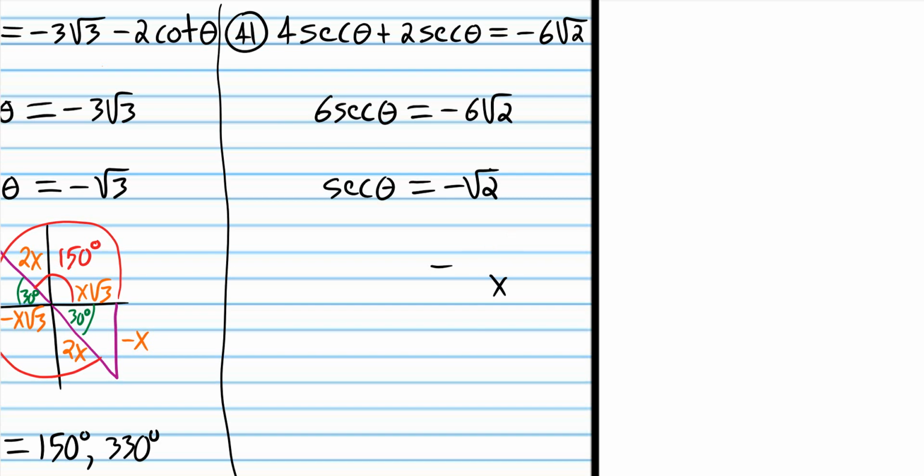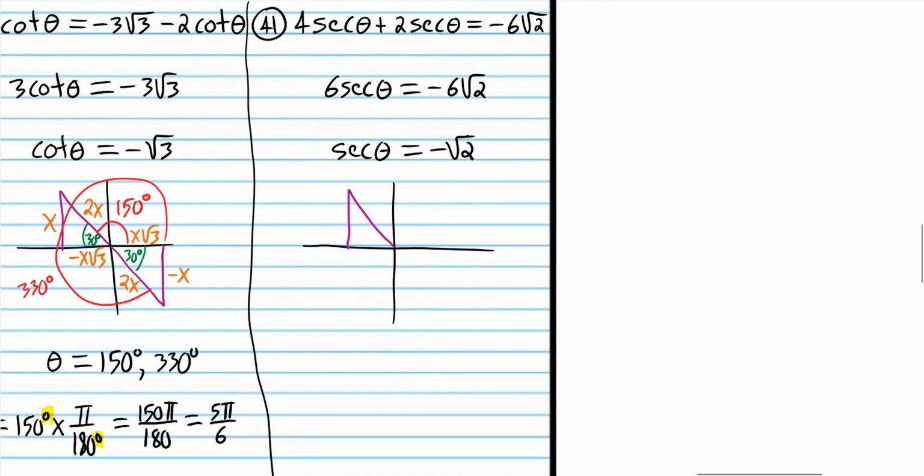So let's draw our triangles. Secant is the adjacent side, actually the hypotenuse over the adjacent side. So that means that our triangles must be in the second or third quadrant because the hypotenuse is always positive, so the adjacent side must be negative. So we have one triangle in the second quadrant, and we have another triangle in the third quadrant.